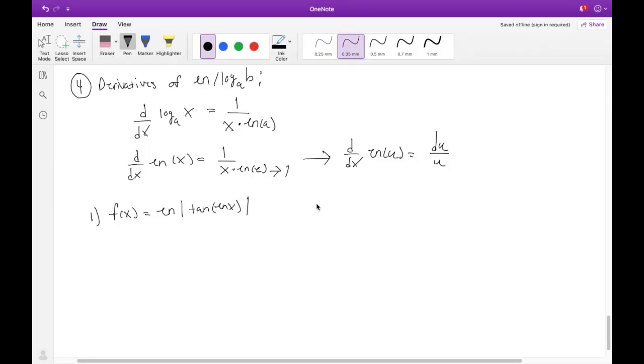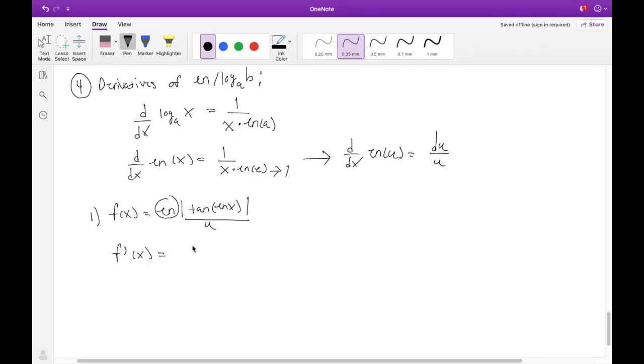If you write everything in terms of u, it makes all these equations a lot simpler. So now if I have ln, which is my outer function, and this is u, tan of ln of x, I know that I have to first take the derivative of u, which is this. So I'm basically taking the derivative of tangent of ln of x.